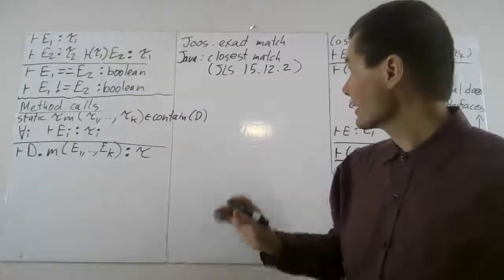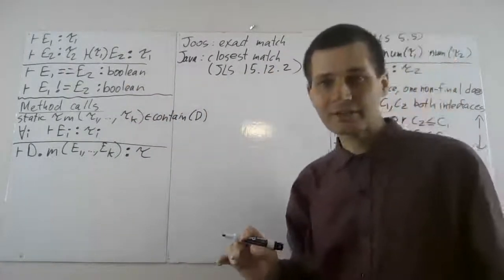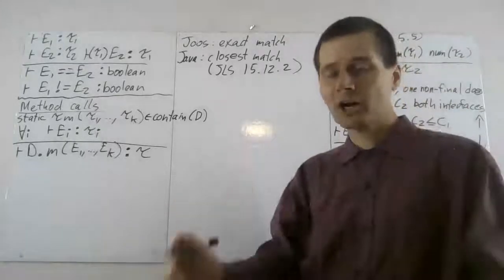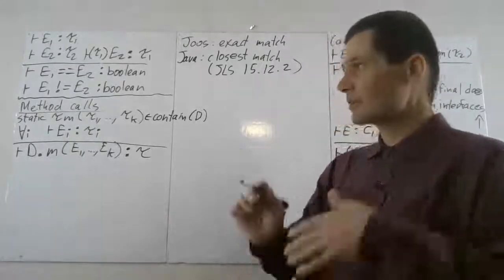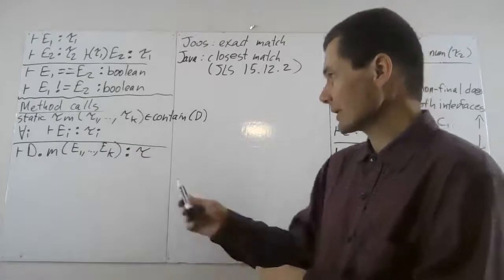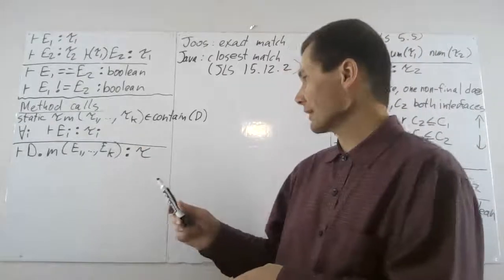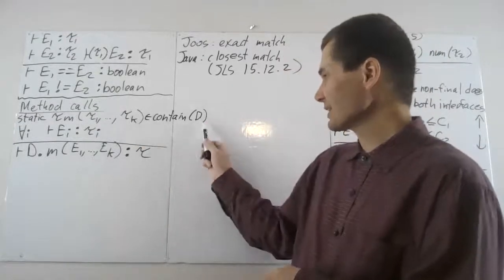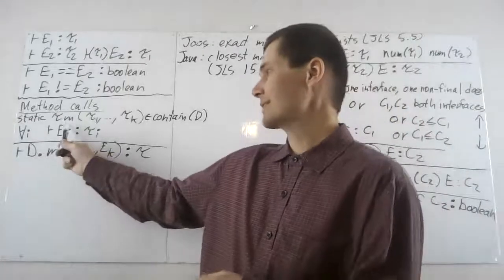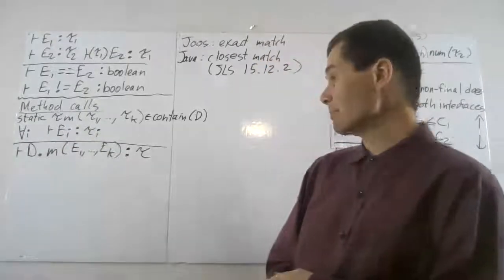So, you can look there for the rules that Java uses, and they are quite complicated, right? And, why are they complicated? Well, because of method overloading. So the contained set of D could have multiple methods, all with the name M.